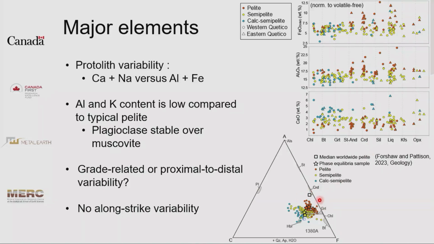Here I've plotted some of those major elements with grade, so these are the different zones as we're increasing grade. You do see a bit of variation, with more pelitic compositions, but that's probably to do with the initial basin architecture rather than any sort of metamorphic mobility.